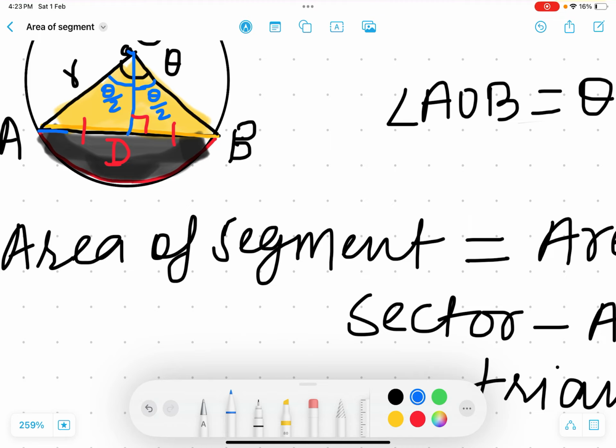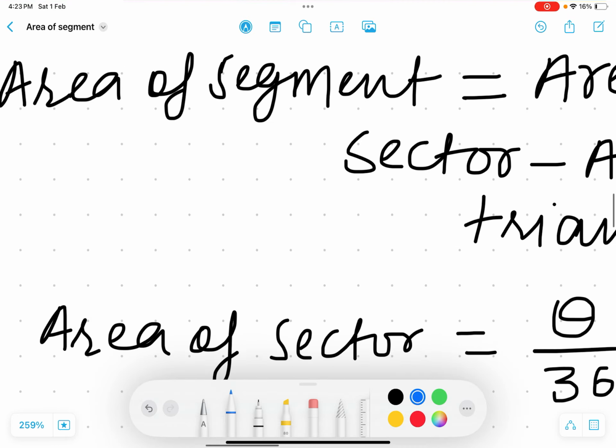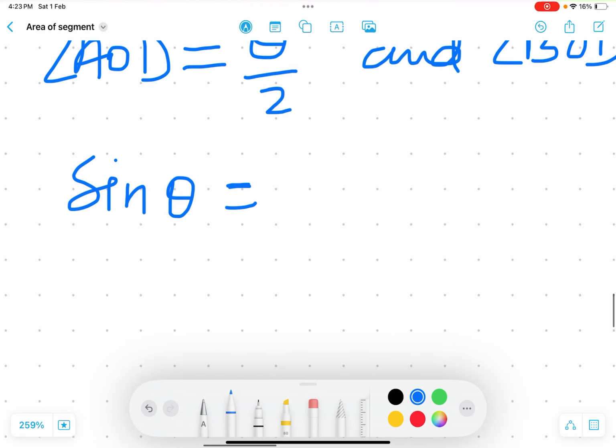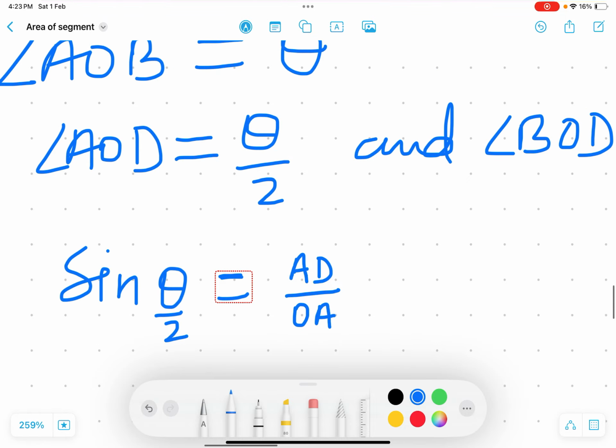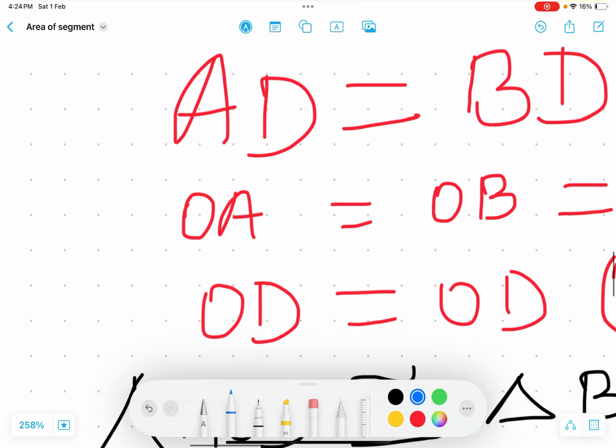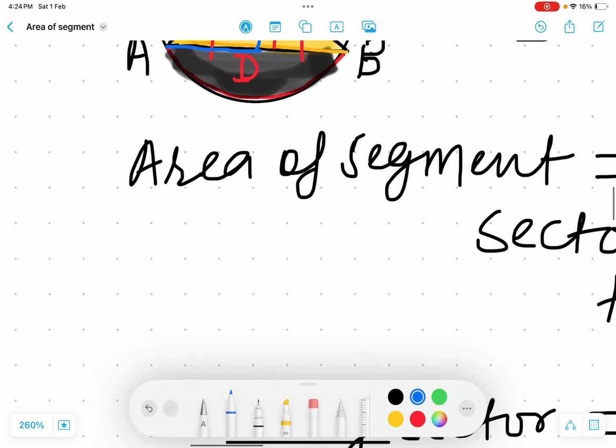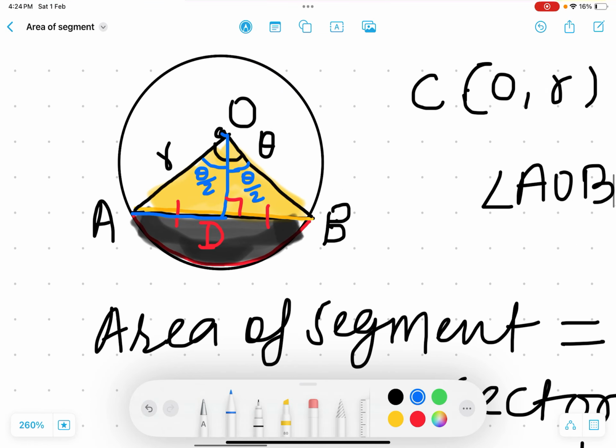So we can say AD is the perpendicular here. And OA is the hypotenuse, OA.